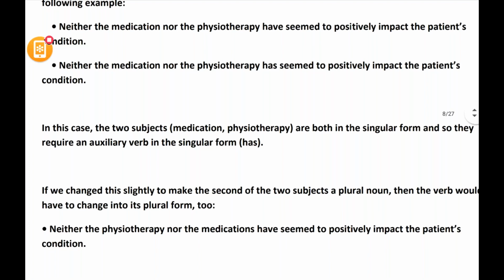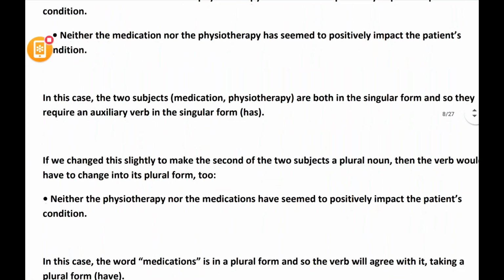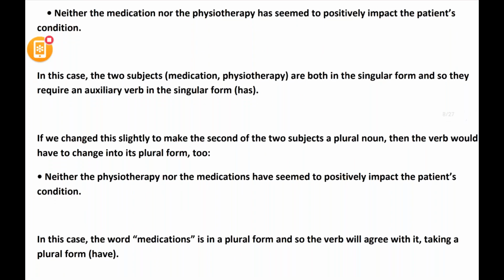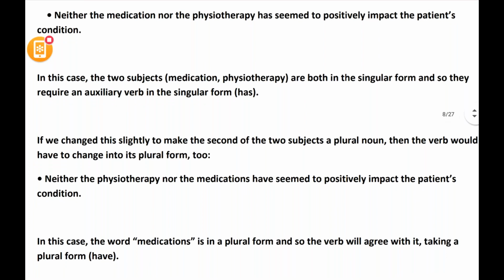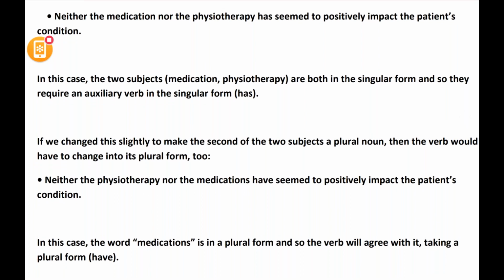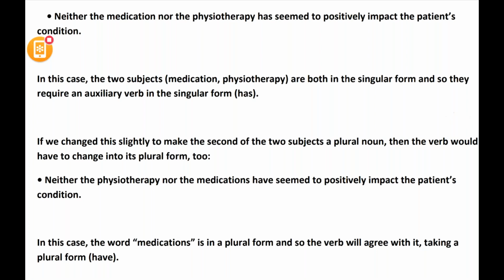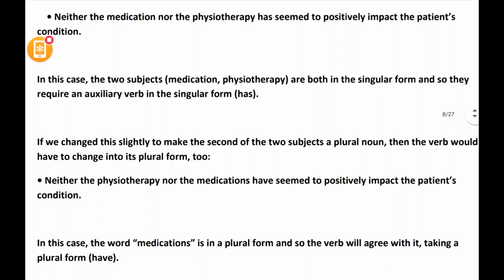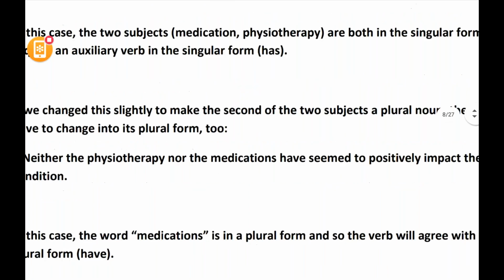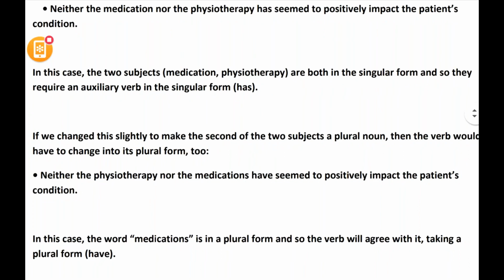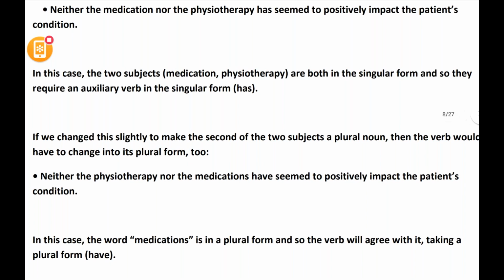But if your subject, look at the third sentence, please. Here it is written, neither the physiotherapy is singular here. Keep that in mind. Nor the medications is plural. Have seemed to positively impact the patient's condition. Now very clear. Medications is plural. Right?